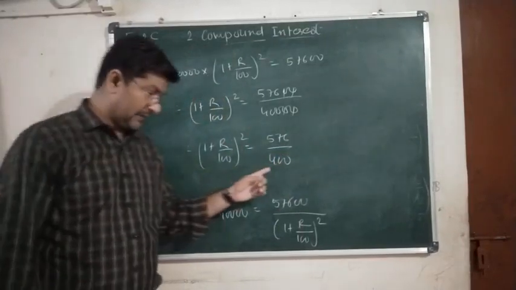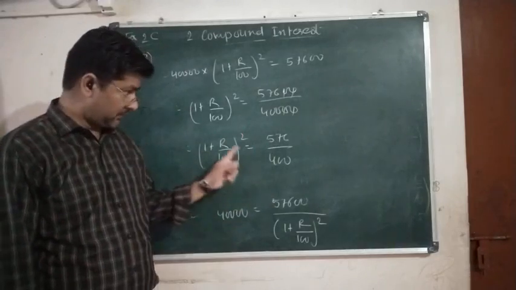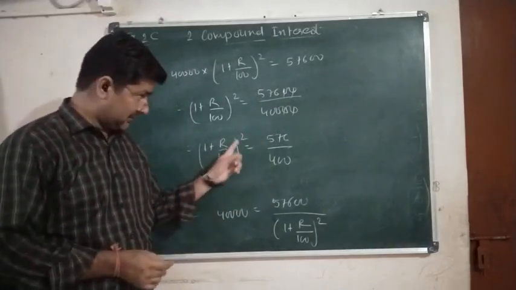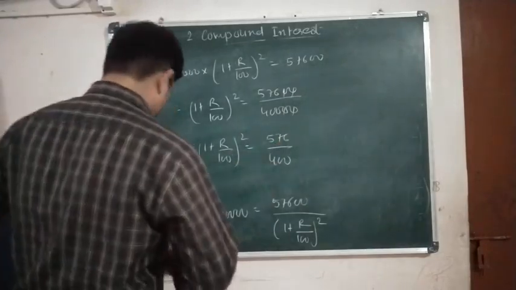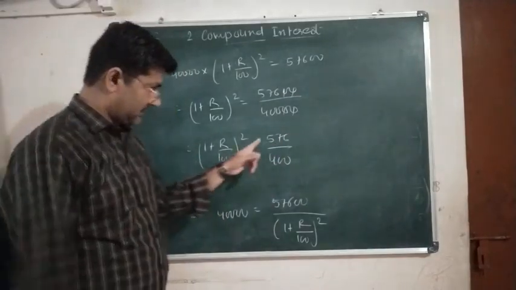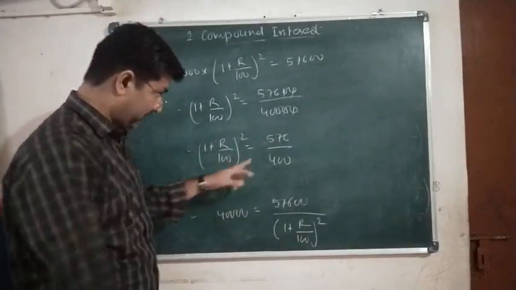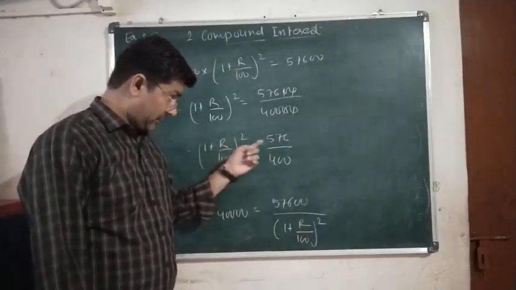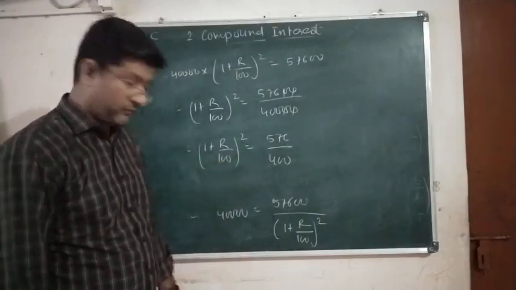Okay, now the right hand side we will try to write as a power of 2, such that when the power is equal we can equate the base. So 576 is the square of 24 and 400 is the square of 20.